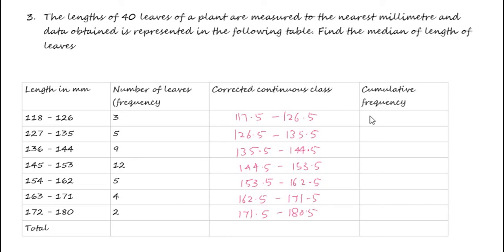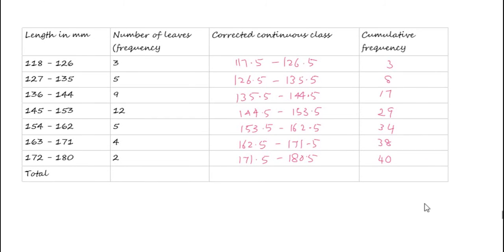This is 3 plus 5, 8 plus 9, 17 plus 12, 29 plus 5, 34 plus 4, 38 plus 2, 40. N equal to 40 here.